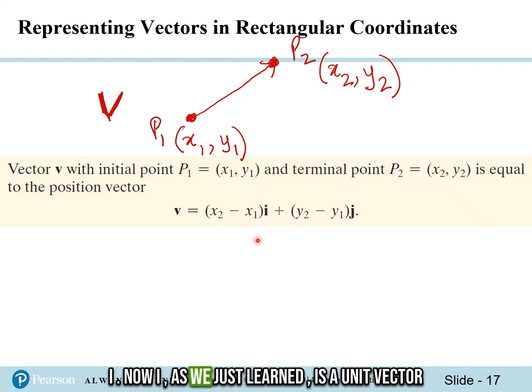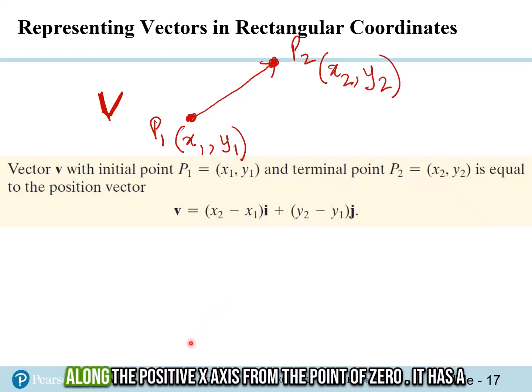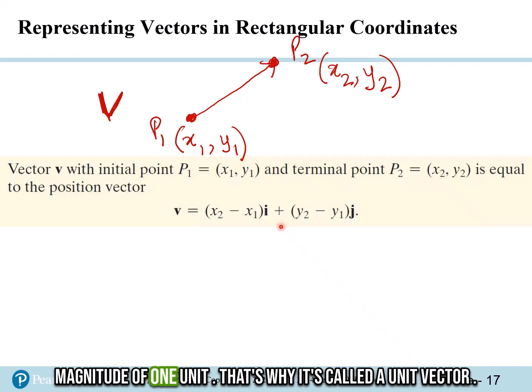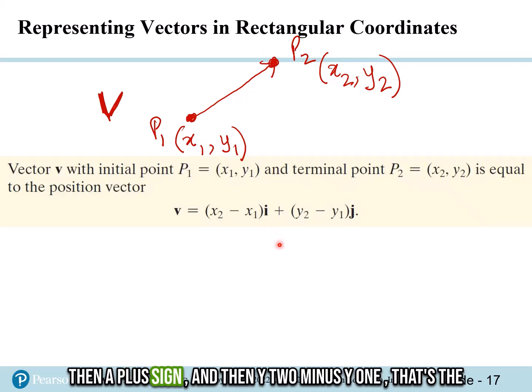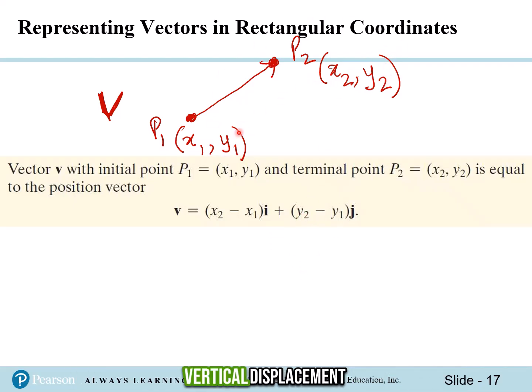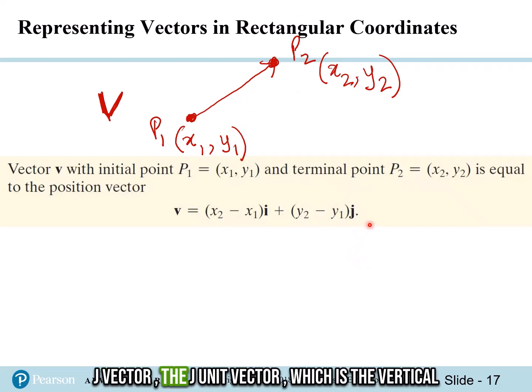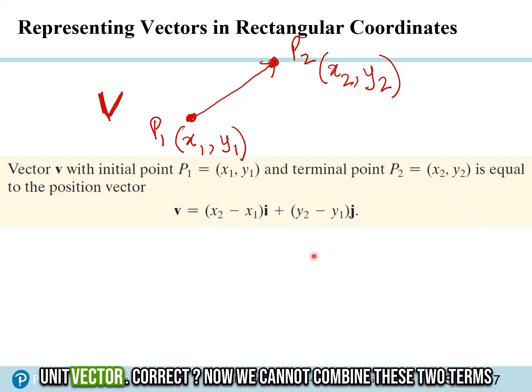Now i, as we just learned, is a unit vector that has a direction along the positive x-axis. From the point of 0, it has a magnitude of 1 unit. That's why it's called a unit vector. Then a plus sign, and then y2 minus y1. That's the vertical displacement of that particular vector multiplied by the j unit vector, which is the vertical unit vector. Correct?